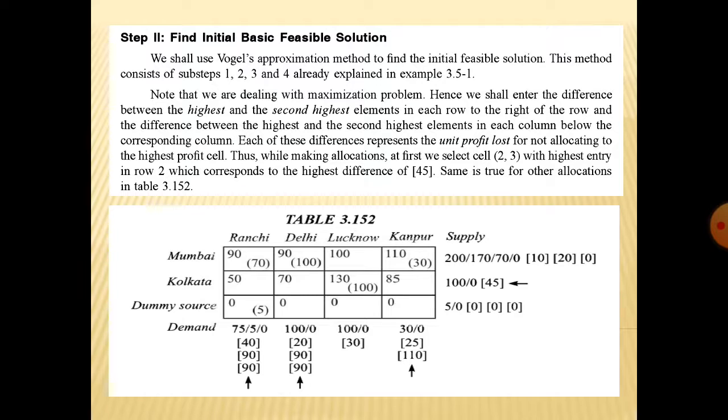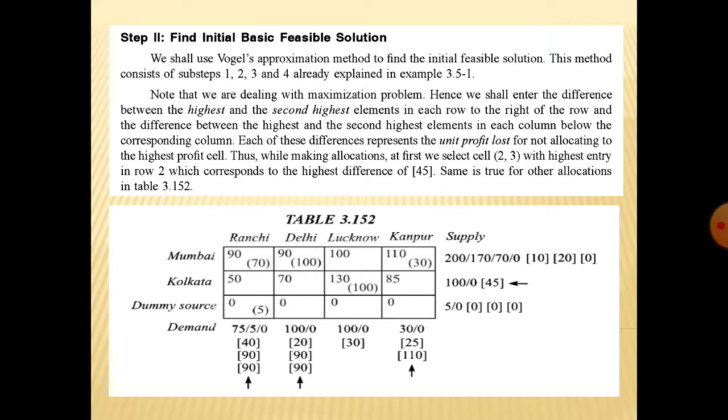Step 2. We use the VAM method to find the initial basic feasible solution. This method consists of steps 1, 2, 3. Note that we are dealing with a maximization problem, hence we enter the difference between the highest and second highest elements of each row at the right, and each difference between the highest and second highest element of the column below the corresponding column.